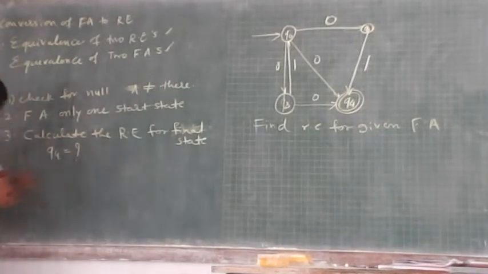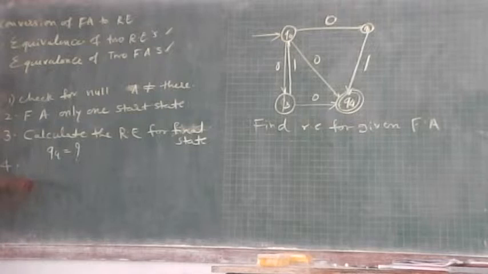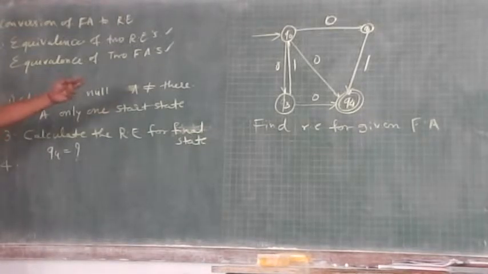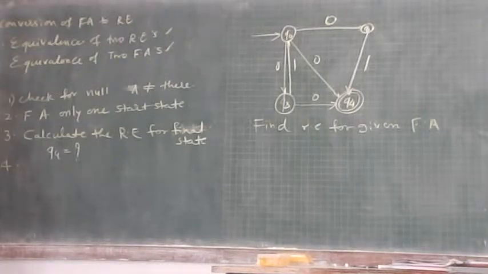In the next step, you need to get various expressions. In this case, there are 4 states in the finite automata, so you will get 4 different expressions.